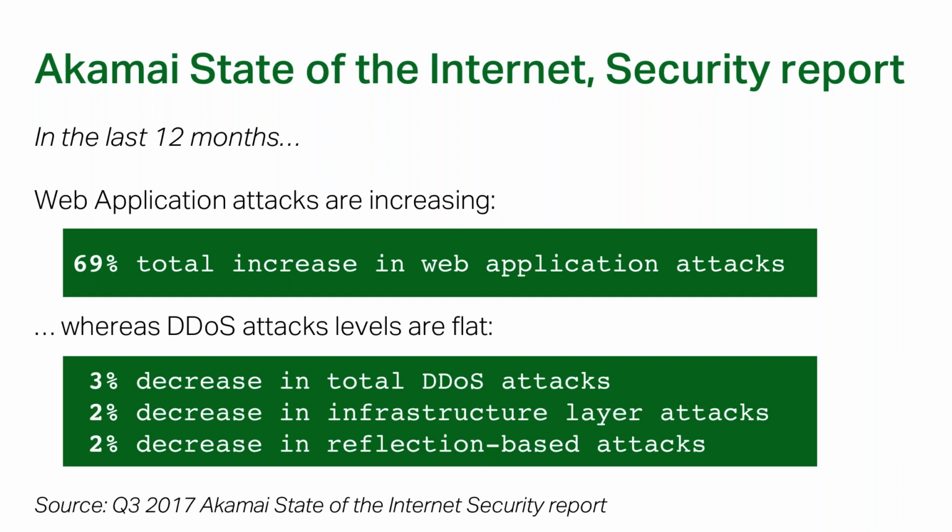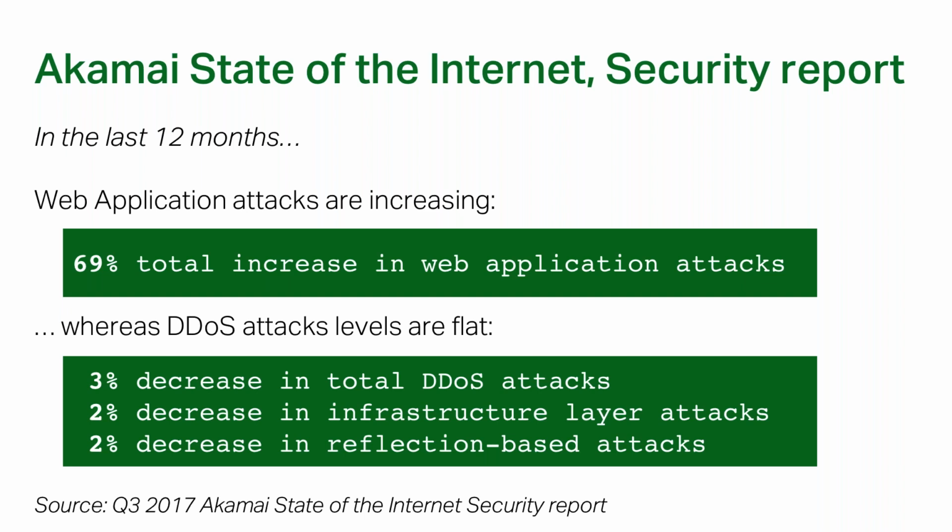Each quarter, they publish a report looking at the kinds of security issues, the attack patterns, and the vulnerabilities that they see happening in the world. And over the last 12 months, they have observed a significant increase in the number of attacks that are specifically targeted against modern web applications.